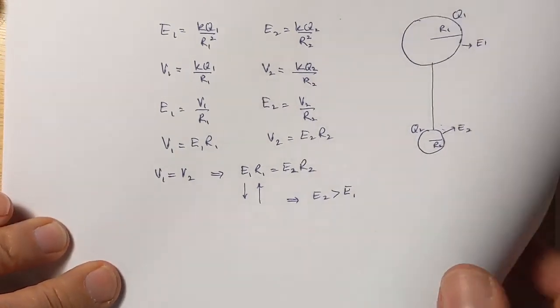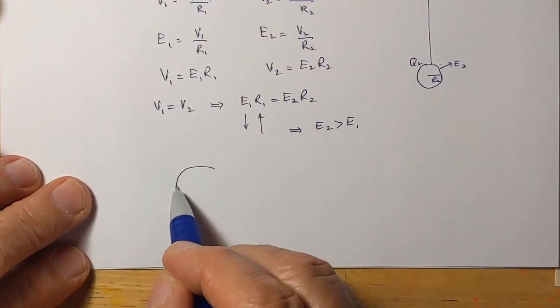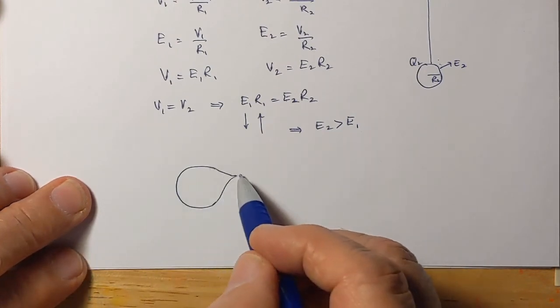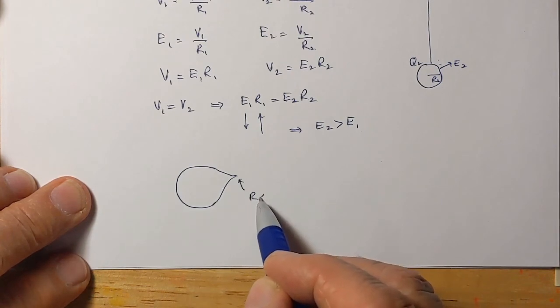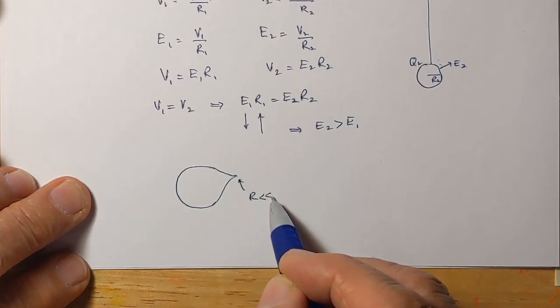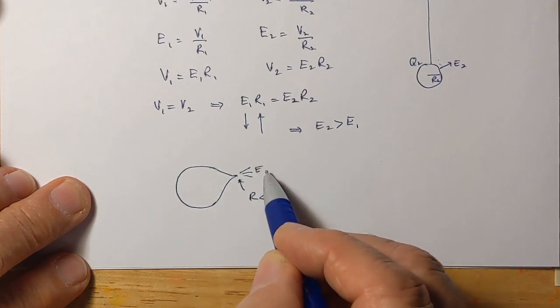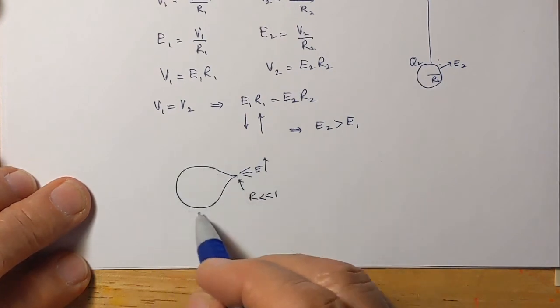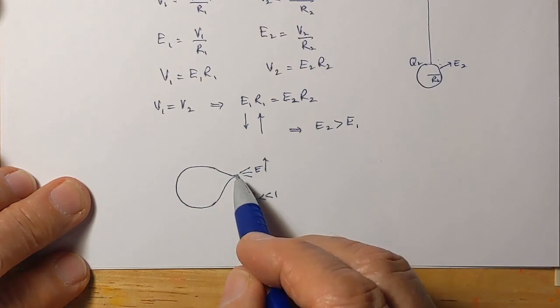Ultimately, if we consider a non-spherical surface having a point, then at that point the radius of curvature is very, very small, and so the electric field here will be very, very high. And if you add enough charge over here so that there's going to be a spark, then the spark will take place over here.